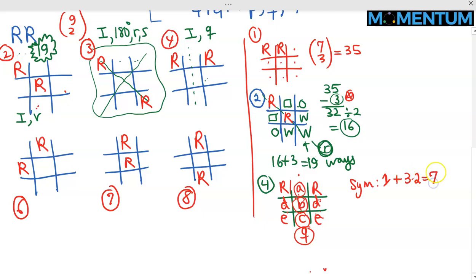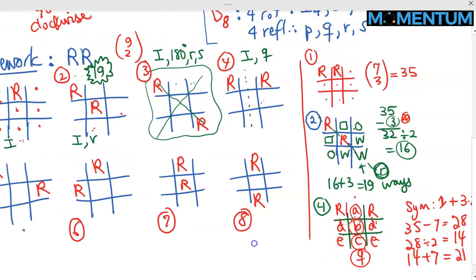So that's 7 symmetries. I make the same adjustment, 35 minus 7, that's 28. Divide 28 by 2, that is 14, and add back the 7. So this is 21 ways. That's it. Oh, that was easy.